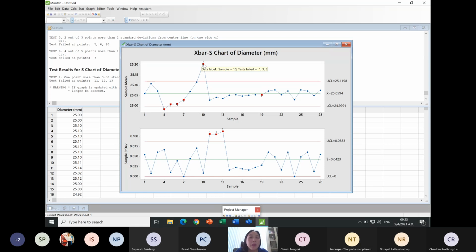So that means sample number 10 shows you that the trend pattern also happens. But if you take a look carefully at test number 3, trend, it requires 6 increases of the points consecutively, right? So the trend actually starts from subgroup number 4.